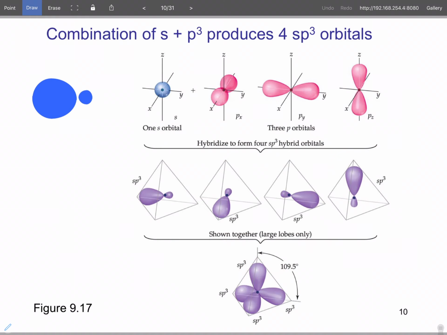Okay? So if you take the 1 s orbital and the 3 p orbitals, you started with 4, you're going to end up with 4. Remember, we started with 4, we'll end up with 4. And what it actually looks like is, remember, s's look like the circle and p's look like dumbbells. So what we end up with is a dumbbell with most of its electron density on one side.